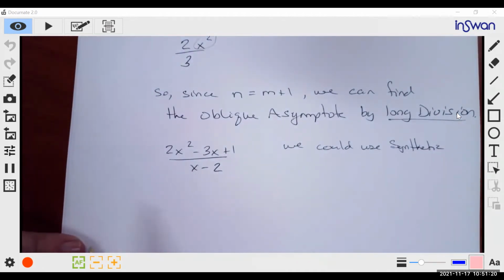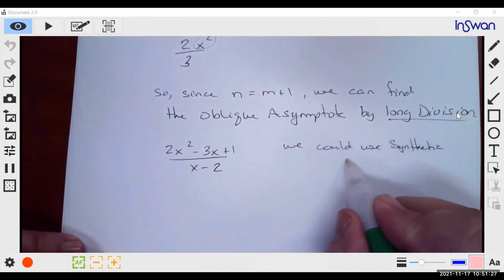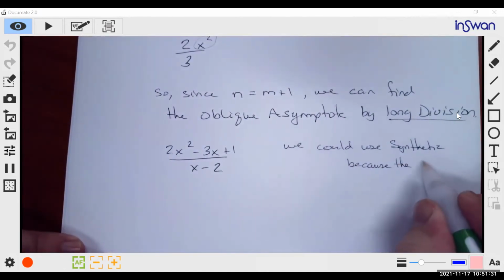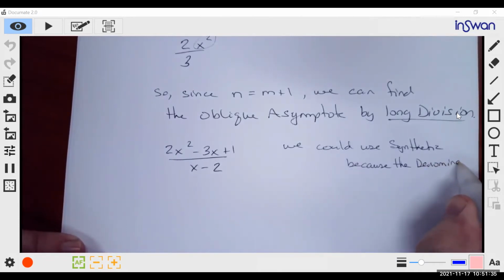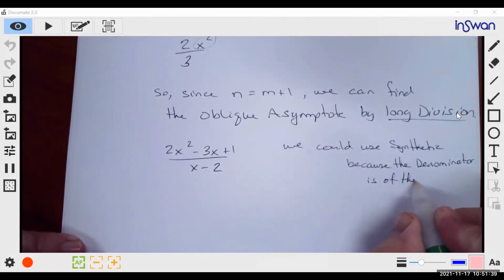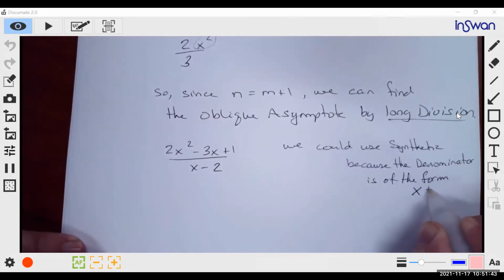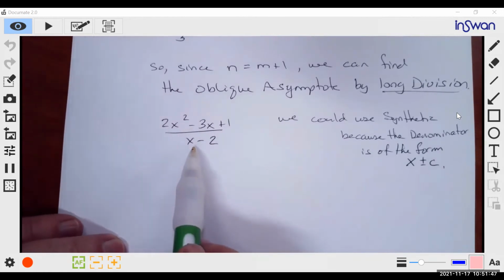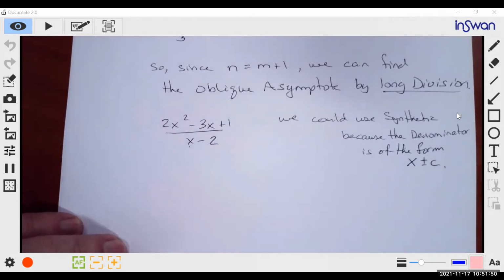Why can't we use synthetic in this example? What are the conditions for synthetic? In this example, it works because the denominator is a linear equation with no coefficient.